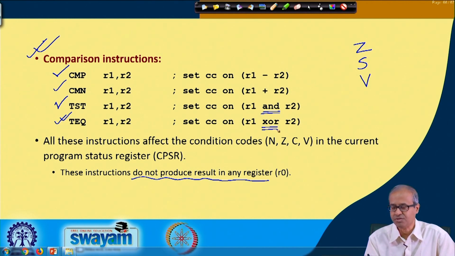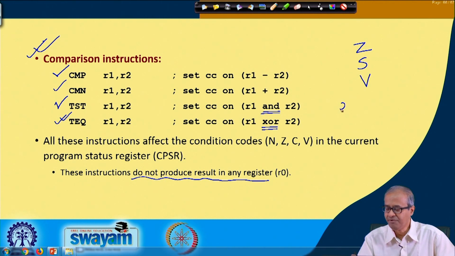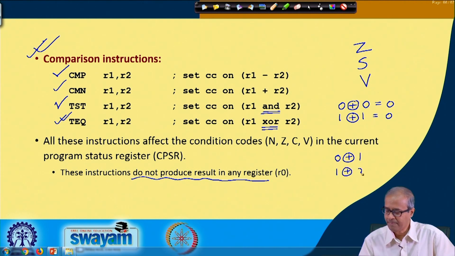Equality means exclusive OR. You note one property. If you take the exclusive OR of 0 and 0, the result is 0. If you take exclusive OR of 1 and 1, that is also 0. But if you take exclusive OR of 0 and 1 or 1 and 0, this is 1.